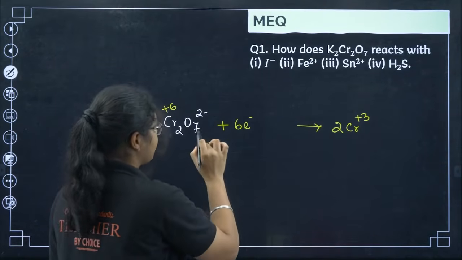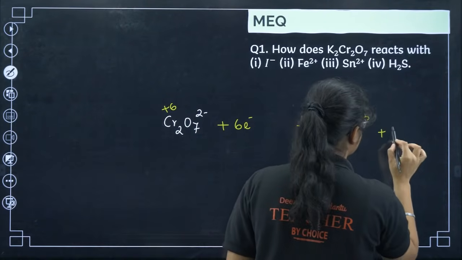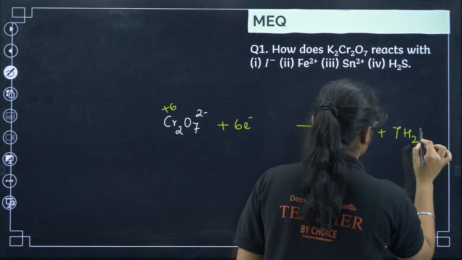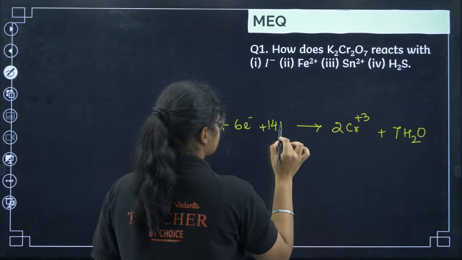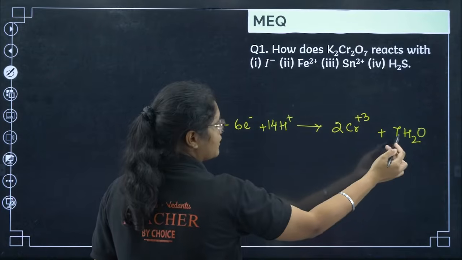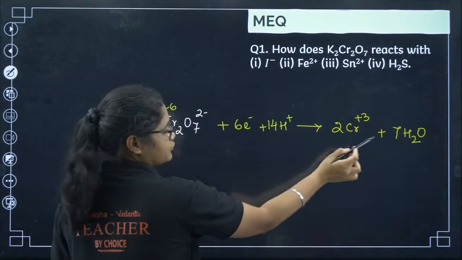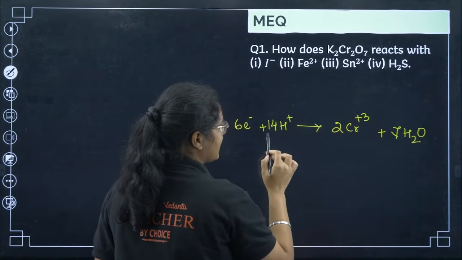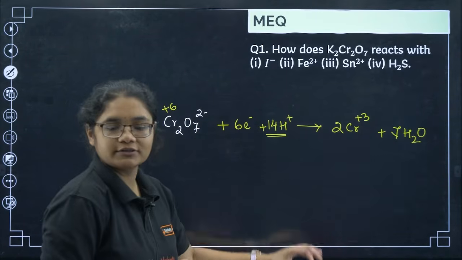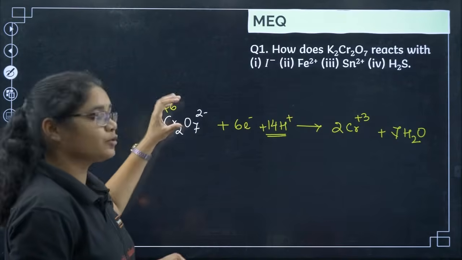Next, 7 oxygen is there, so you have 7 oxygen, and then you have 14H+. How to balance it? To balance oxygen you should add water, and when I add this water, this hydrogen is produced, that can be written here. Okay, so this is the final equation for chromium.